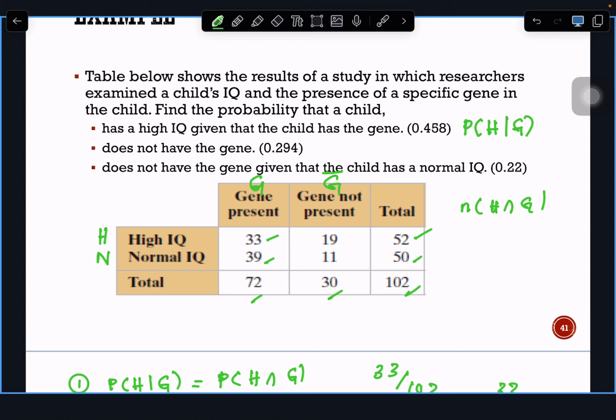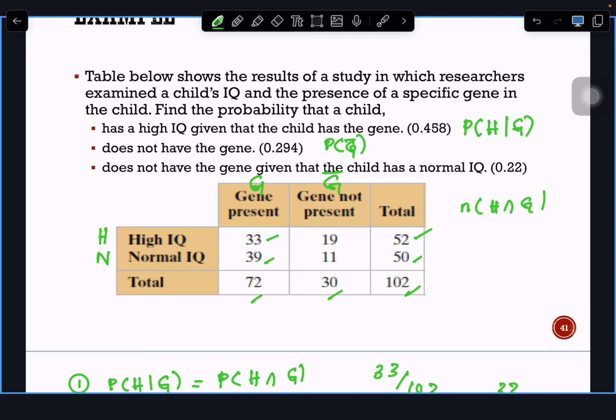So what do you want to find here? P(G bar). So how do we get P(G bar)? 30 over 102.